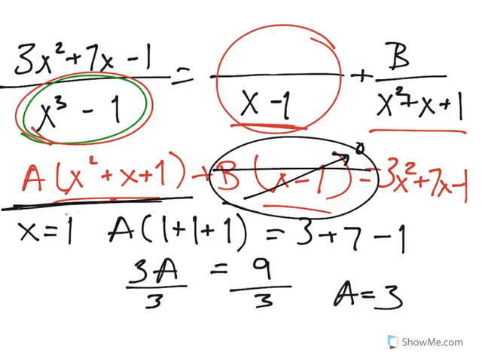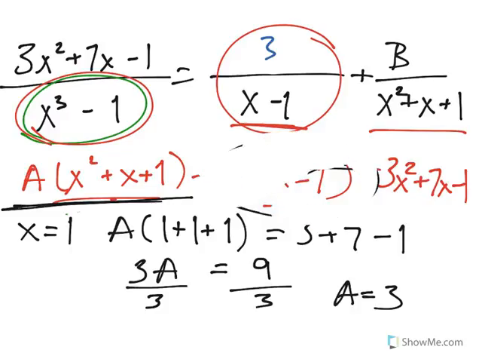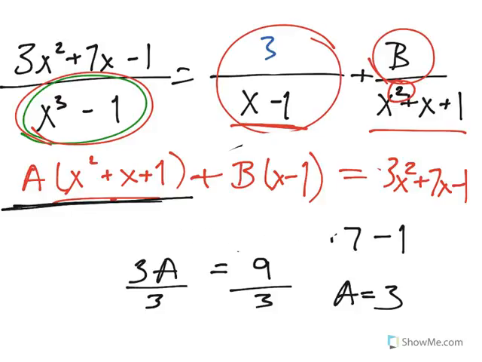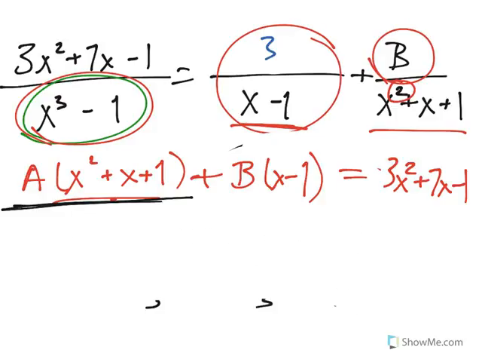So we can replace the A with a 3. Now we want to find what B is. When your denominator is a polynomial with degree 2, your numerator must be of degree 1, at most degree 1.